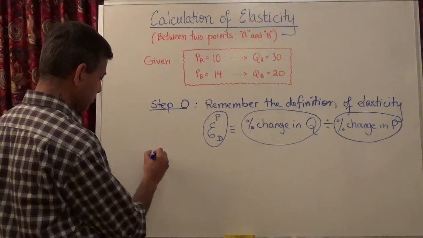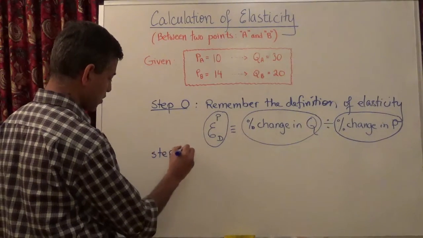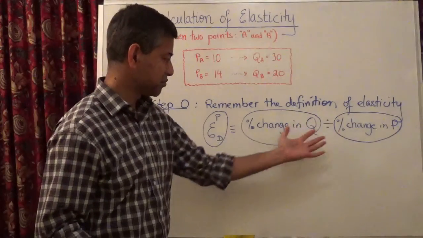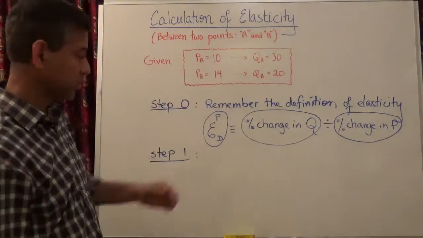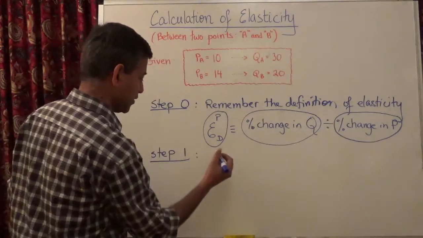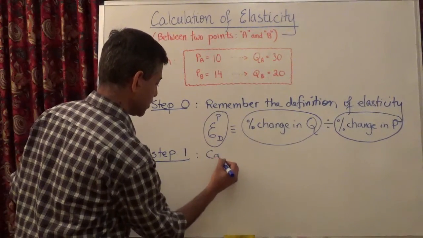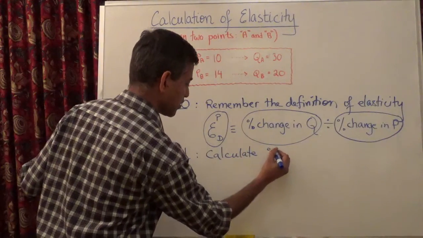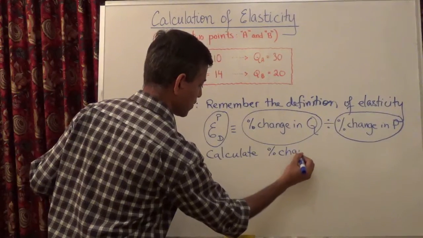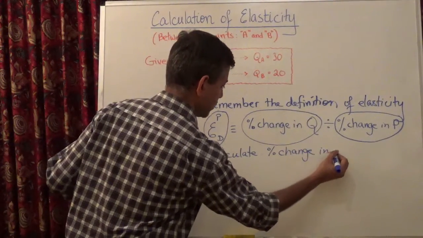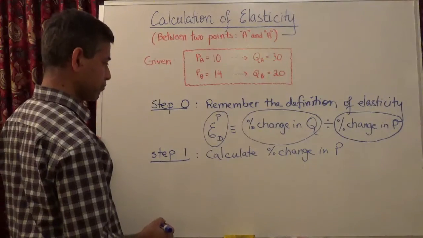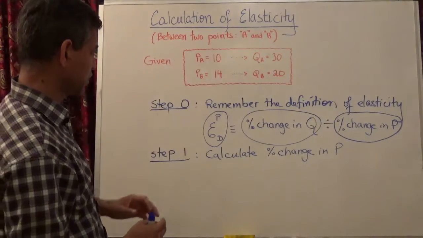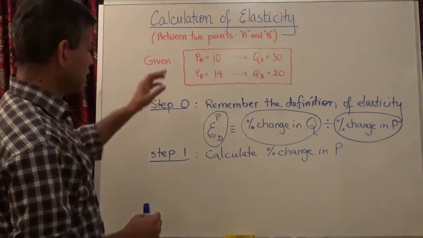Step 1 is to go ahead and calculate one of these percentage changes using the information that we have. So let's look at, let's say, the percentage change in price. Here we have these two prices and we are trying to calculate the percentage change.